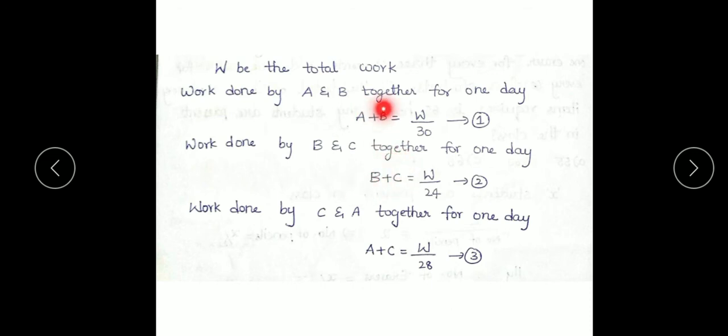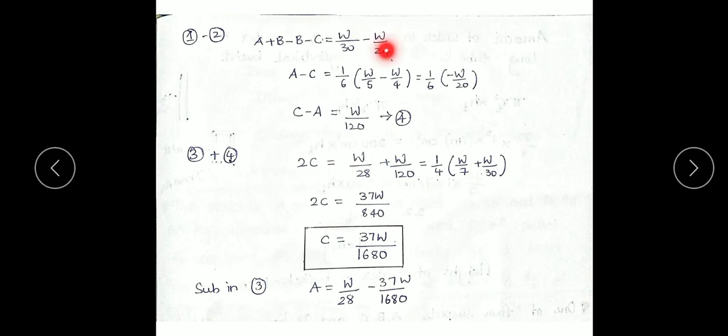So B minus B would get cancelled, A minus C would be remaining, and W by 30 minus W by 24. So A minus C, and here we can see that 6 5s are 30, 6 4s are 24, 6 is common. So taking 1 by 6 aside, W by 6 times (5 minus 4).